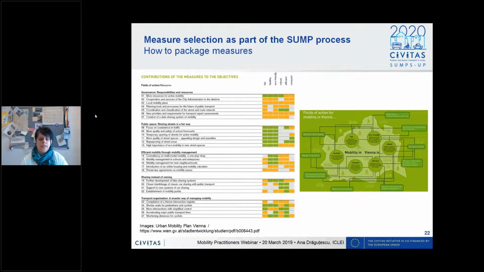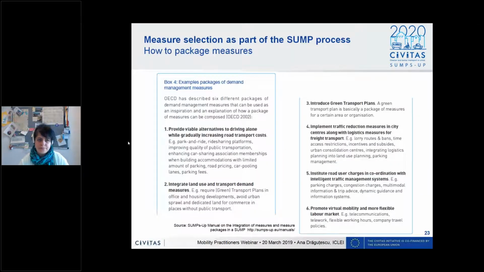You can see how each package of measures will reach the specific objectives and fields of action they have listed in the previous part of the SUMP. So it's very important how you list and how you connect to the objectives and your targets already defined in the SUMP.